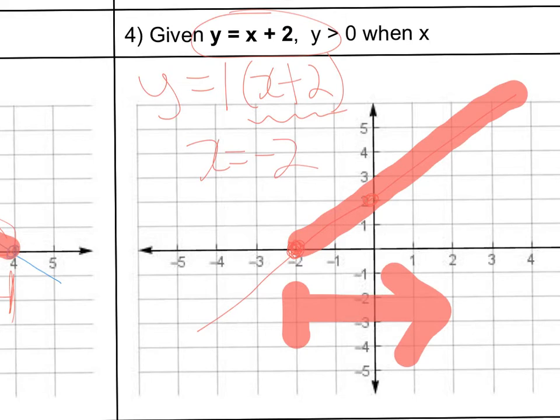To the right of negative 2, when x is greater than negative 2. That results in y being above the x-axis, or y greater than 0. So all we're doing here is graphing the line, then doing the inequality.